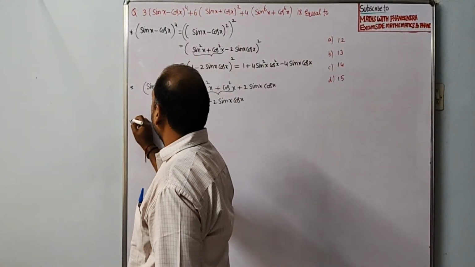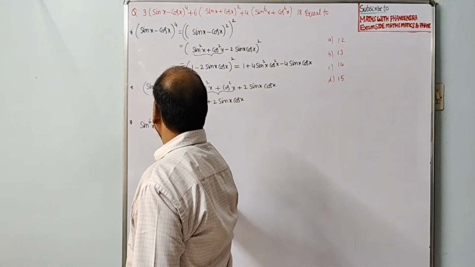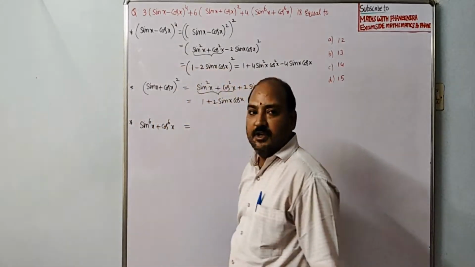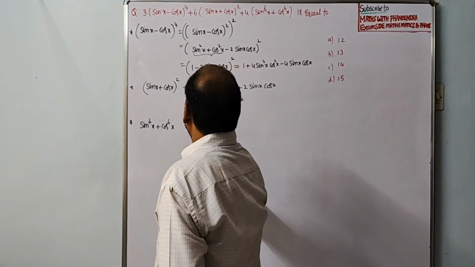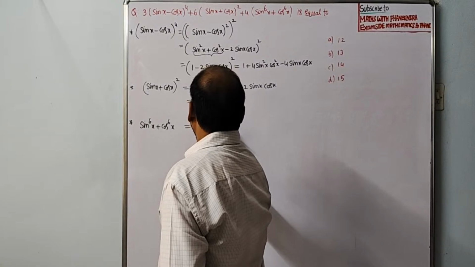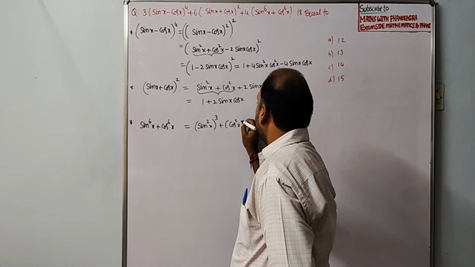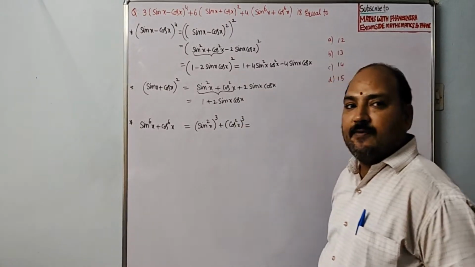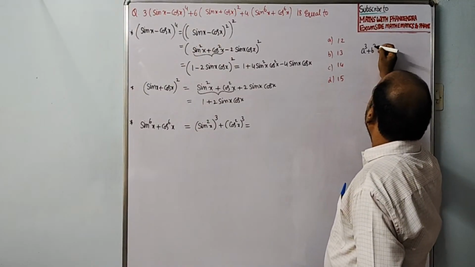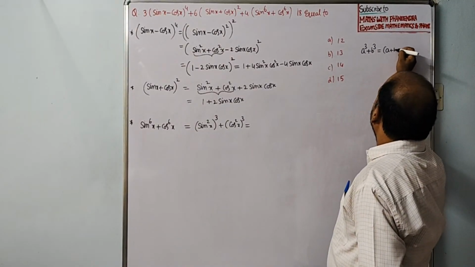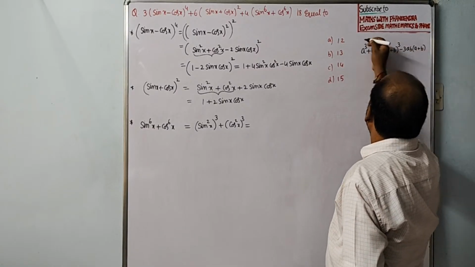Next, come to sin power 6 x plus cos power 6 x. First, this can be written as (sin square x) whole cube plus (cos square x) whole cube. It is in the form of a cube plus b cube, isn't it? So a cube plus b cube can be written as (a plus b) whole cube minus 3ab into (a plus b). Okay, dear students?